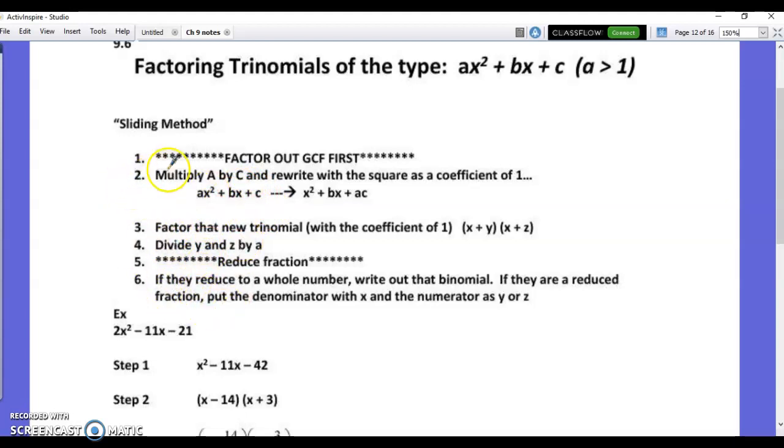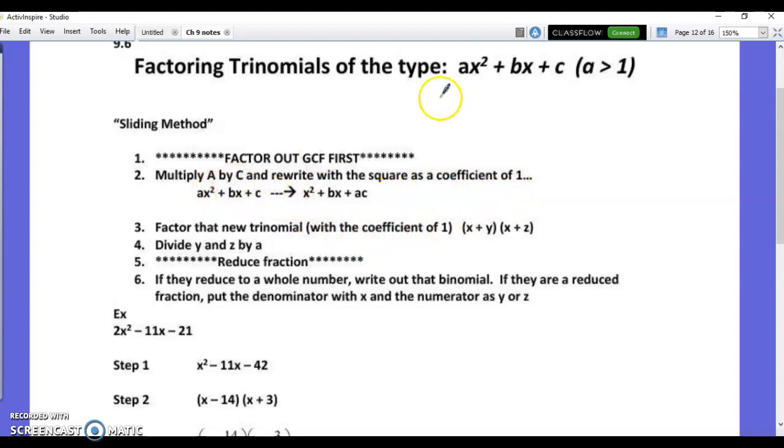So step 2, after you take out the GCF, if you need to, you won't always have to, you multiply your A and C together, which in this case is whatever the number out front is, by this, and then you put it in that spot. So step 2 is multiply A by C, and then rewrite it as a squared term with a coefficient of 1.